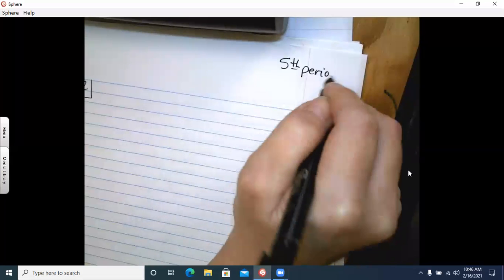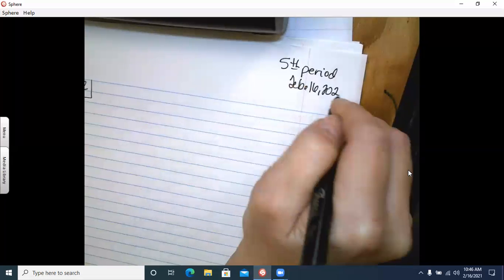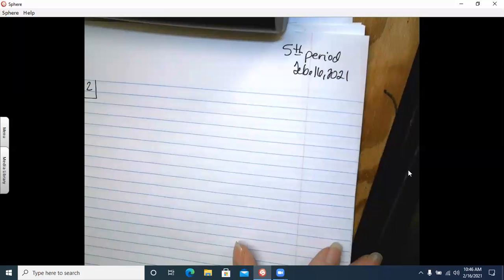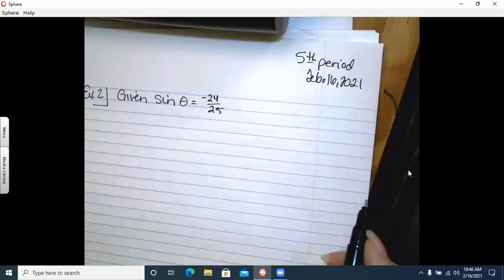Example 2. Given sine of theta equals negative 24 over 25. So what quadrants is this going to be in?